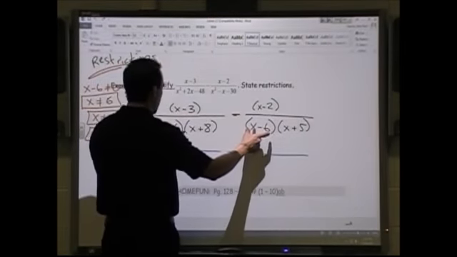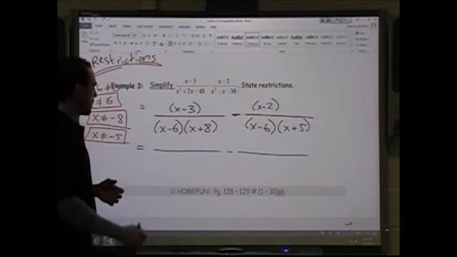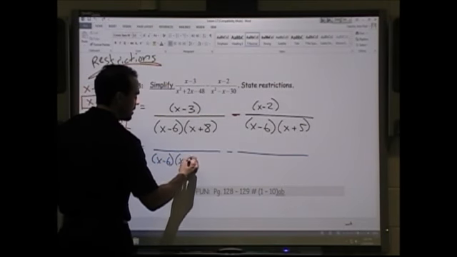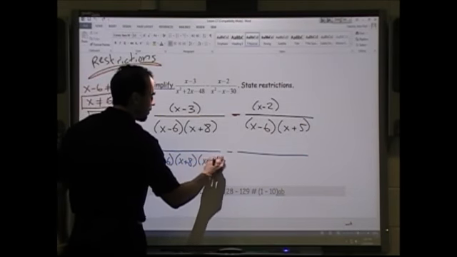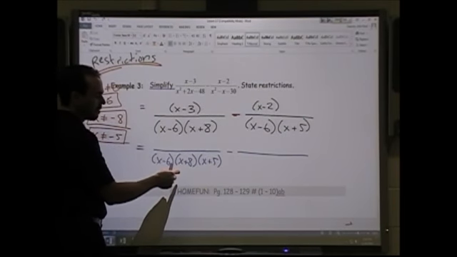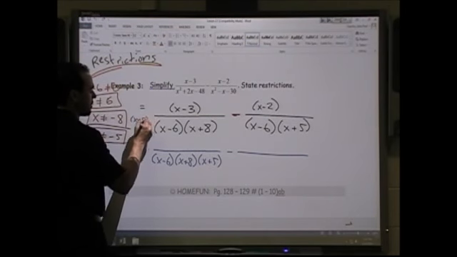But I actually don't have to do this twice. The lowest common denominator is actually going to be x minus 6 times x plus 8 times x plus 5. Because I can make this look like this very easily, all I have to do is multiply by x minus 5.